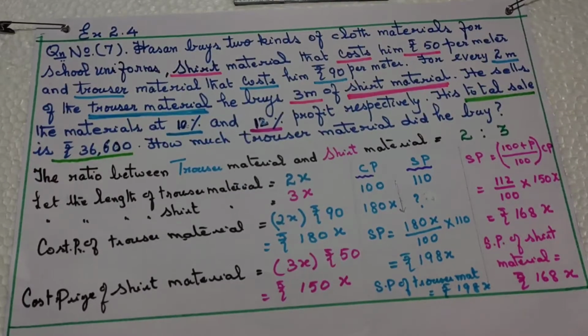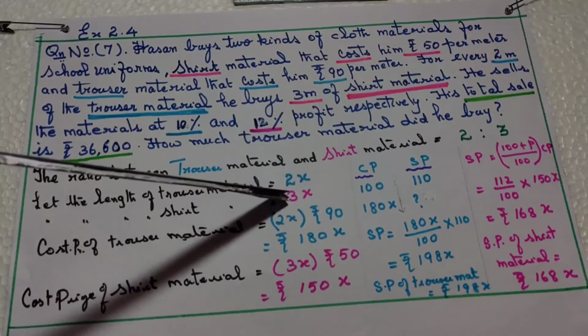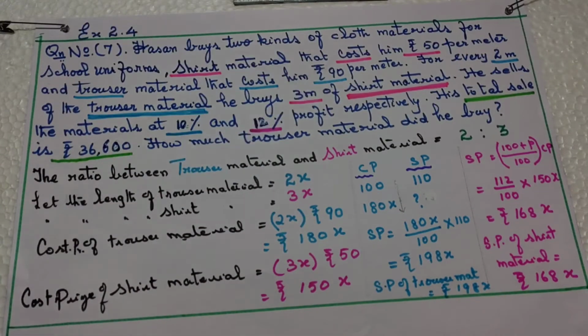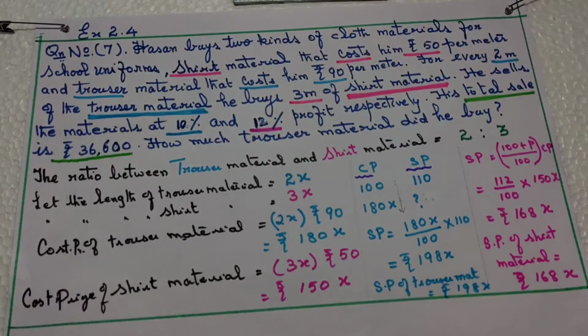Now they gave you the cost price of shirt material and trouser material per meter. So if the cost per meter is given, we should multiply and get the actual cost price of each. Now the length of the trouser material is 2x. The cost is 90. So 2x into 90 rupees will give you 180x rupees.